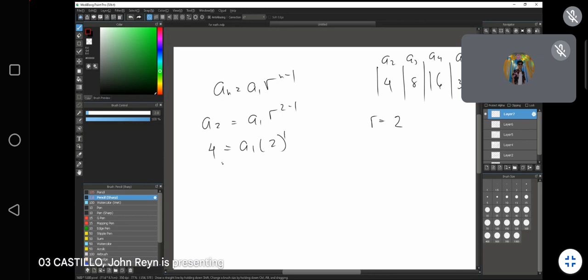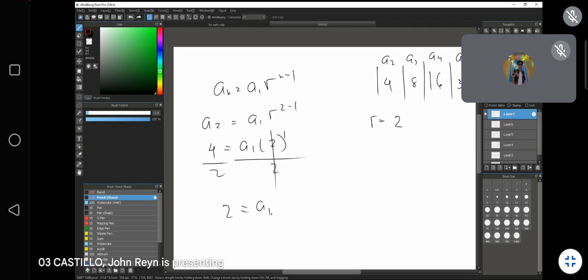So then we transfer this. We divide it: 2, then 2, cross out. Then 4 divided by 2, which would be 2. So 2 is your a1. Any questions? For that matter, 4 and 8 should be existing.